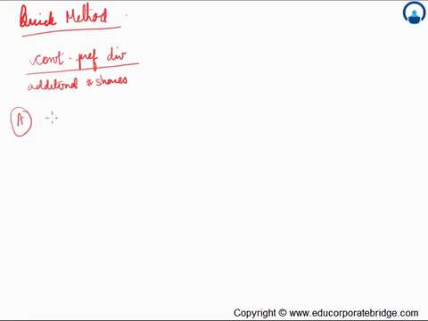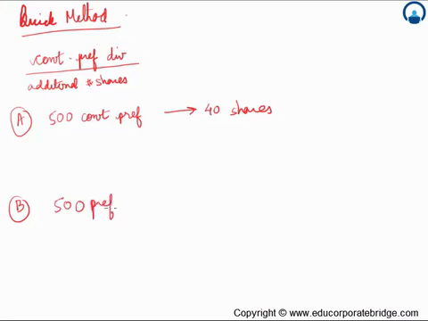There was case 1 where we had 500 convertible preference shares and each of them got converted into 40 shares. And then we had a case where it became anti-dilutive, and these 500 convertible preference shares got converted into 1 share each.